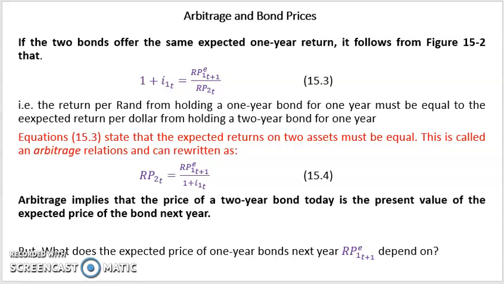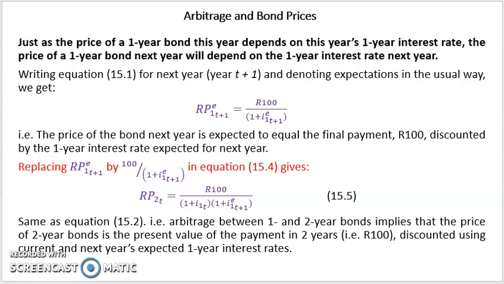bond next year. What we had answered very thoroughly is the question: what does the expected price of the 1-year bond next year, which is represented by this fraction, depend on? And this is where we're going to start off in this video.